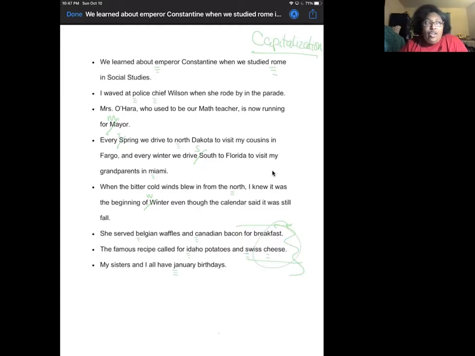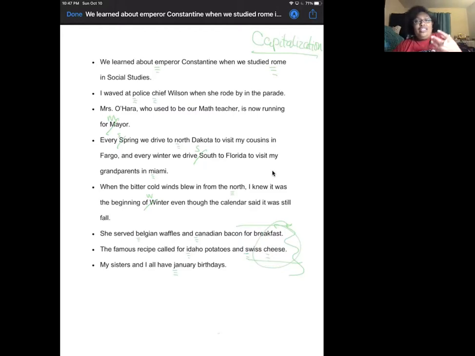Literally go to dictionary.com or open up a dictionary, for us old folks who actually buy dictionaries still, and just look it up. How is Swiss cheese being written in the dictionary? Or how are Belgian waffles being written in the dictionary? And then you'll see it being capitalized or not capitalized, or how it's being capitalized. So that's one way to get through that.